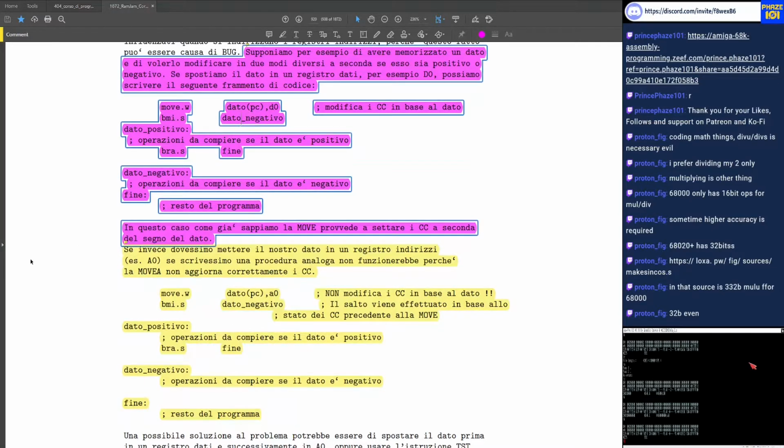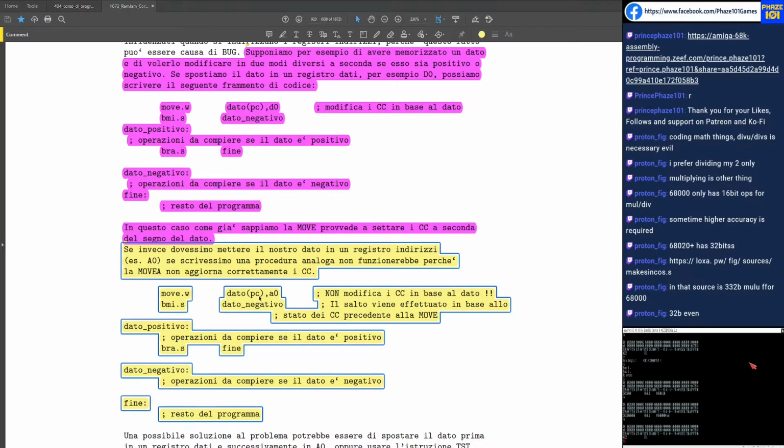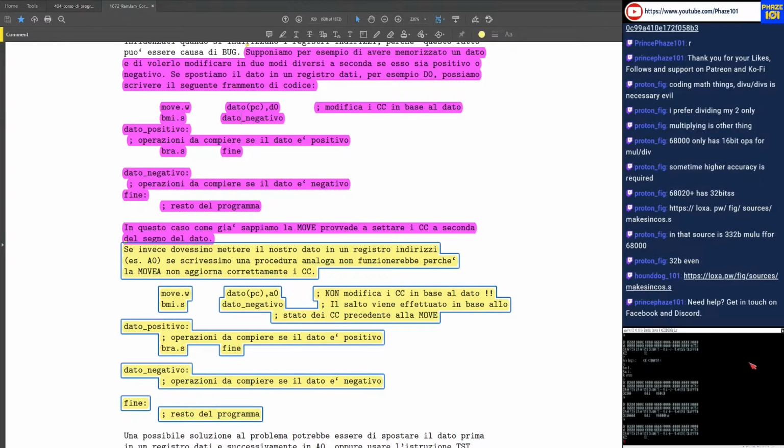In this part, BMI will work. In this part, when we move the number into 80, it will not work. It will just not set the flags, unless we had an instruction before that might have set the flag.